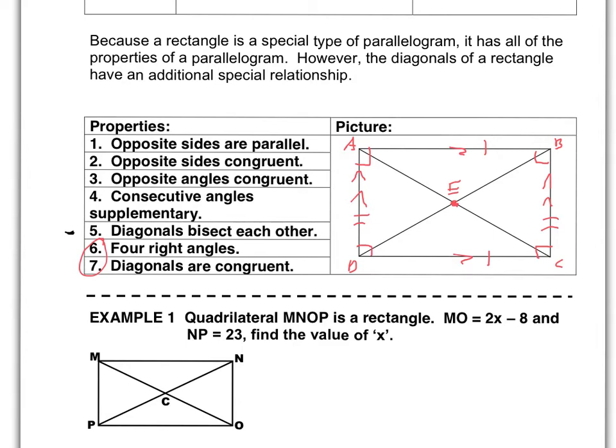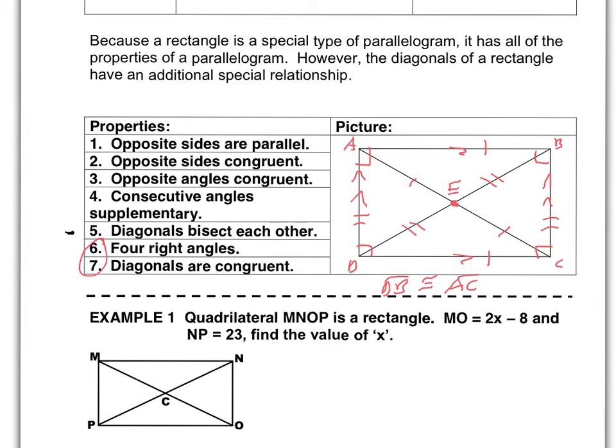Isn't that right? And then the last thing that they say is that the diagonals themselves, not just is this part congruent to this part and this part congruent to this part, that's not the only thing that's true. The additional piece of information that's true, based on number 7, is that diagonal DB is congruent to diagonal AC.